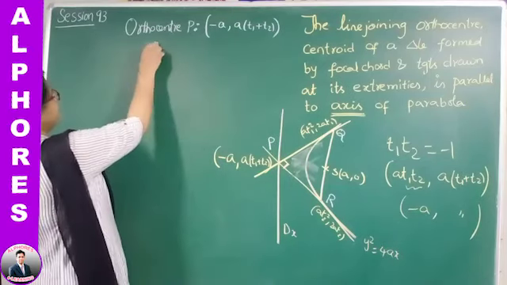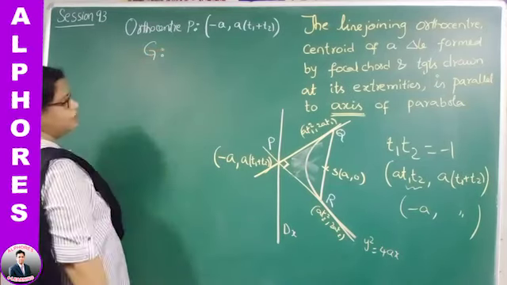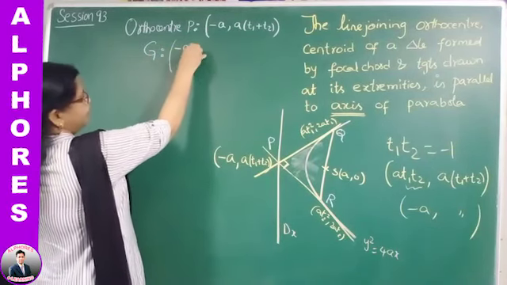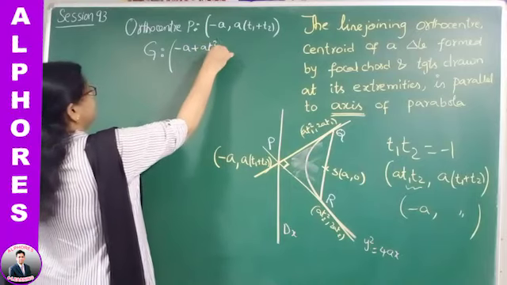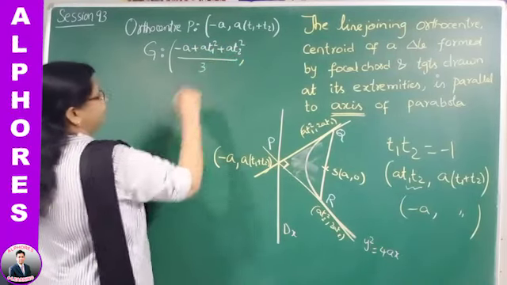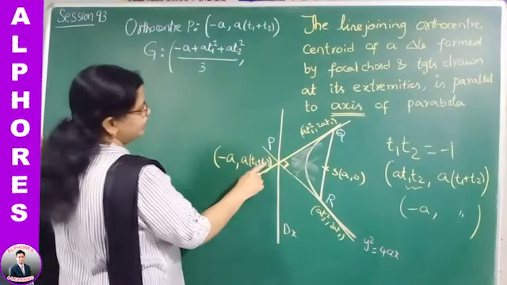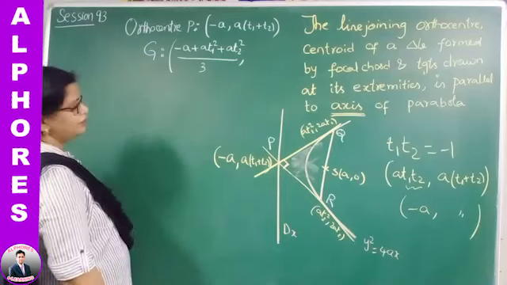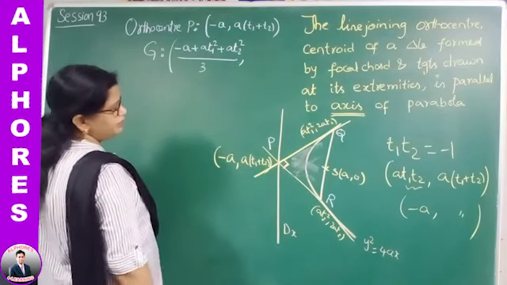The centroid G, you know the formula, is minus a plus a T1 square plus a T2 square divided by 3, comma, the ordinate value: a into T1 plus T2, 2a T1, and 2a T2, divided by 3.